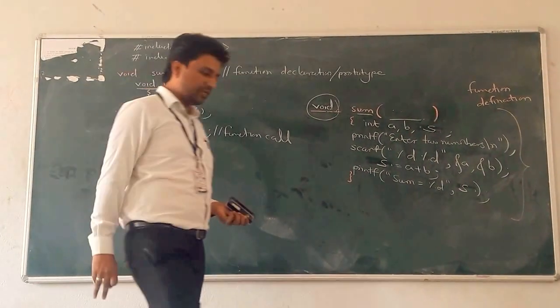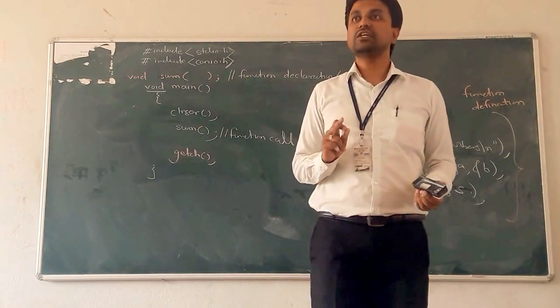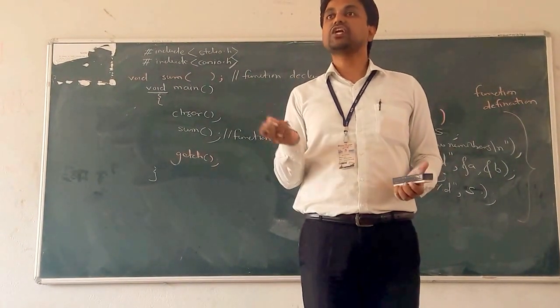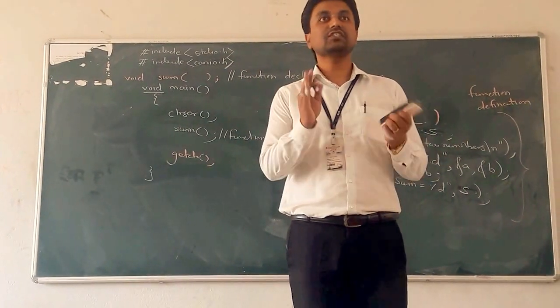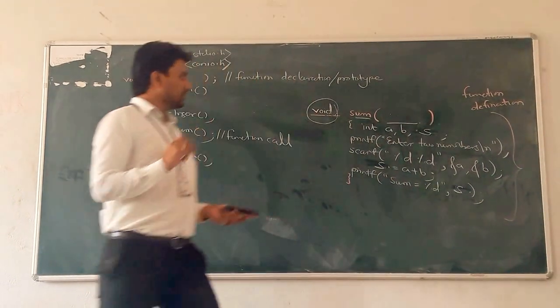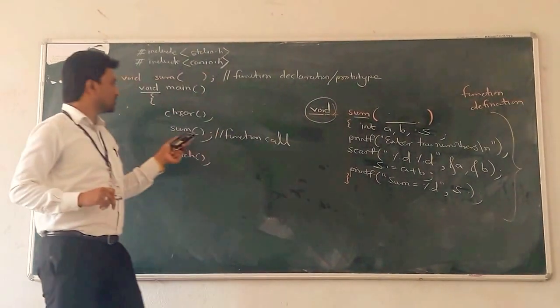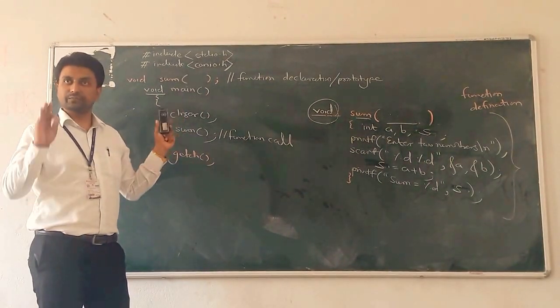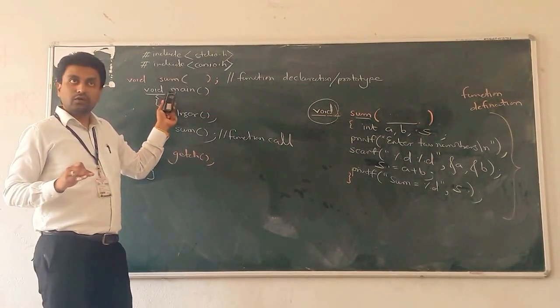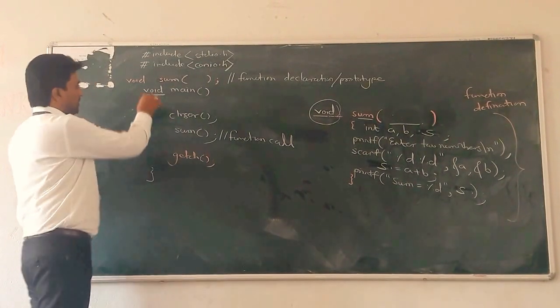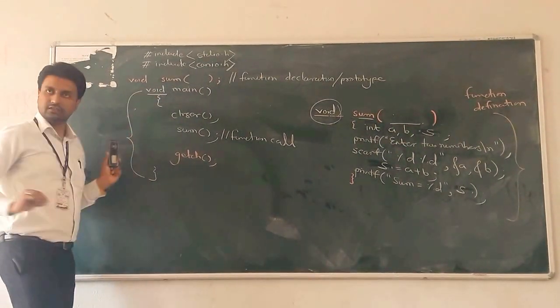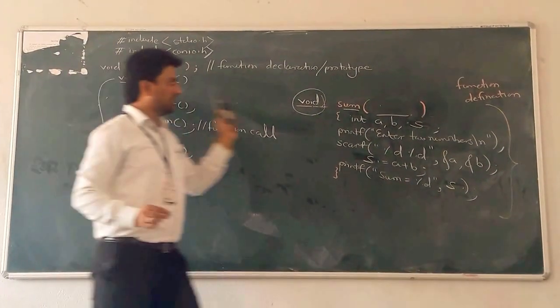Now again two terminologies are there: calling function and called function. What is the difference between them? Here, this is the sum function, and that sum function is called here by the main function. This is the main function, and this is the body, or definition, of the main function.